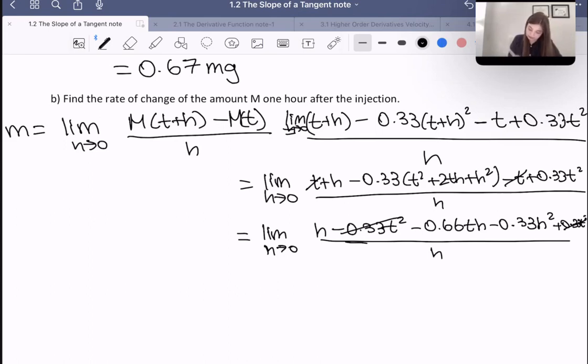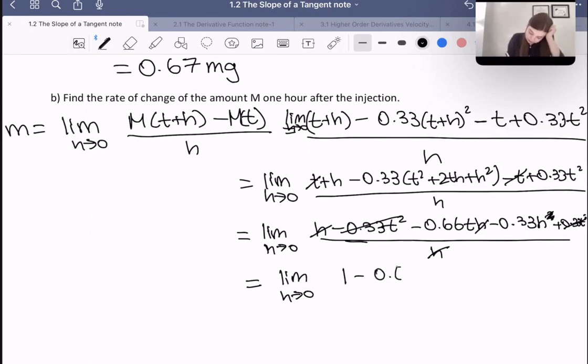And now we're left with h's. So this h cancels here, here, here, and here. And what are we left with? We are left with the limit as h approaches 0 of 1 minus 0.66t minus 0.33h.